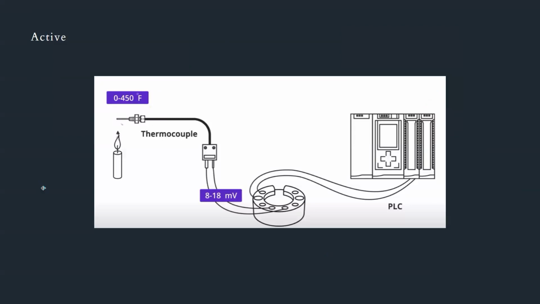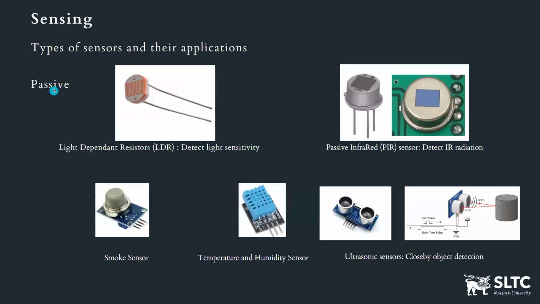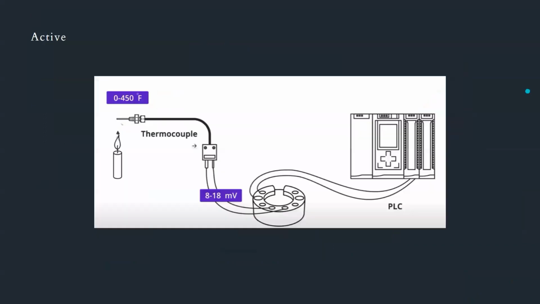Earlier I talked about passive and active sensors; there are 2 types. Passive sensors are sensors that require an external power supply. When you take the active sensors, they don't require an external power supply.